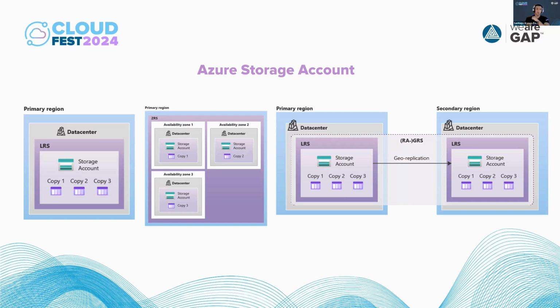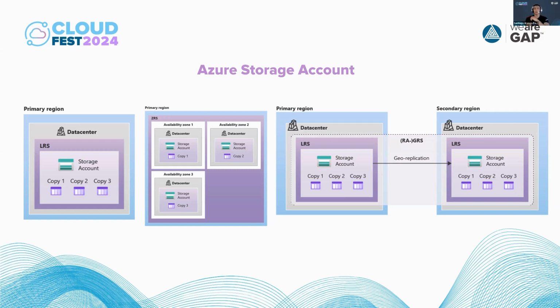For example, if you choose locally redundant replication, it means that your data is going to be replicated in the same data center. So if the hard drive that holds your blobs or your files fails, there is another hard drive keeping the information safe for you. That's okay. But if the whole rack where your information is stored fails, your information is going to be lost because all the information is going to be compromised in this case.